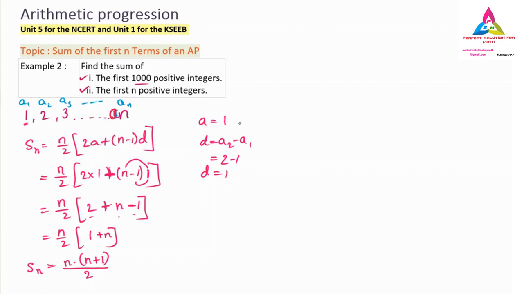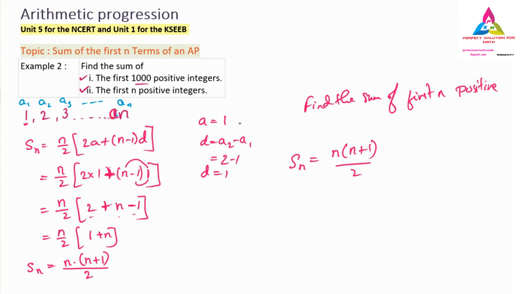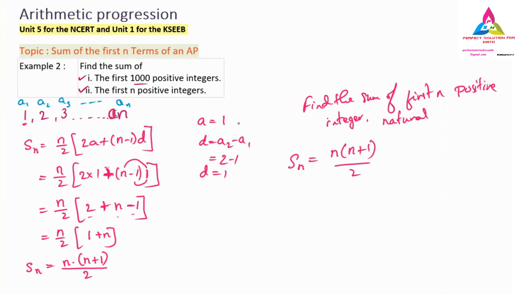So this is the final answer. They have told you to find the sum of the first n positive integers, so here we can write it as it is. Here the Sn formula, the new formula for you, is nothing but Sn is equal to n into n plus 1 divided by 2. This is only one formula for all positive integers. If the question is like this, find the sum of the first n positive integers, or they may give, instead of this, find the sum of the first n natural numbers, like this also they may give.